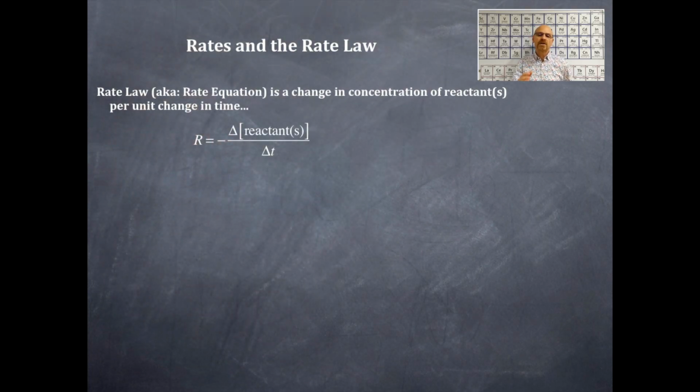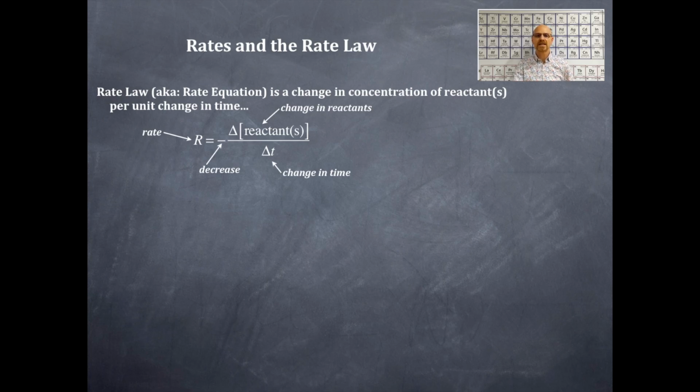Here is our rate equation, or our rate law. R is for the rate, and it's always in terms of the reactants, never the products. Those brackets mean concentration, usually moles per liter, and the denominator is a change in time. Notice this negative sign is letting you know that the reactants are decreasing over time.